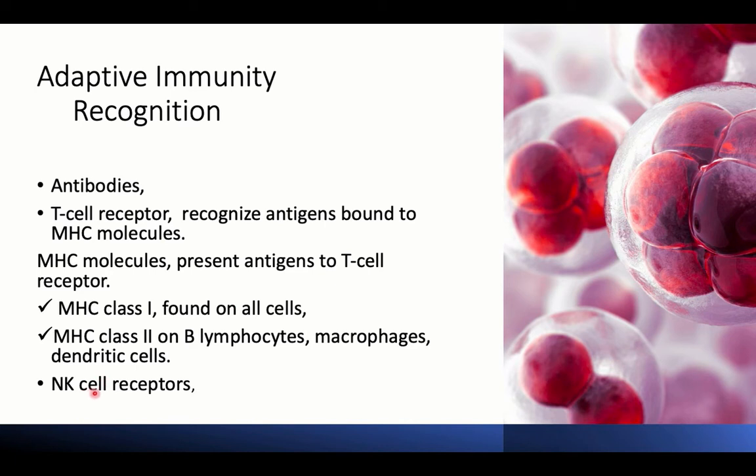Also we have natural killer cell receptors. So recognition of the foreign material to initiate the adaptive immunity is a function of antibodies, T cell receptors, and natural killer cells.